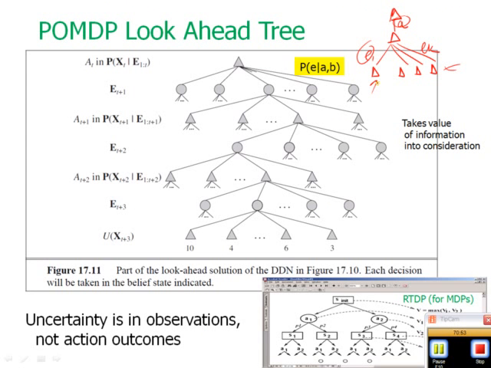The MDP version of this picture will look like this: I have a triangle, I do an action A, and for the action A itself, I can get state S1 or state S2 or state S3. Here, when I did action A, I only get one belief state. I still have branching because I don't know which evidence I will get.